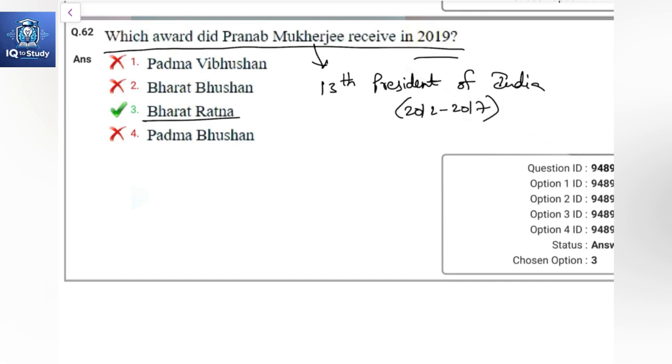He received Bharat Ratna in the year 2019. And also in 2008 he received Padma Vibhushan. Bharat Ratna award is the highest civilian award of the Republic of India.